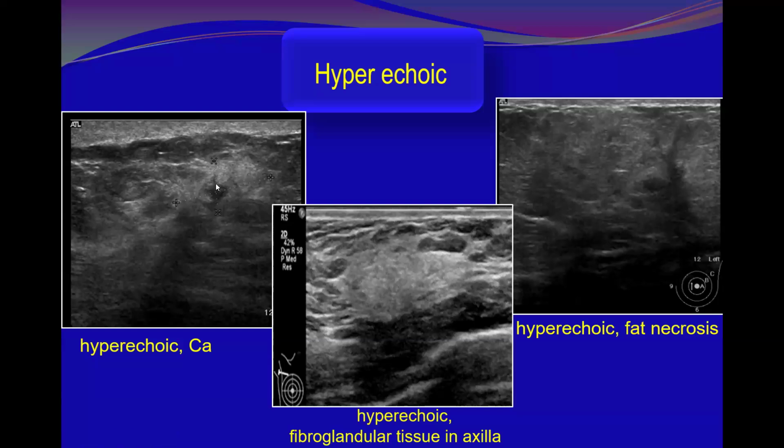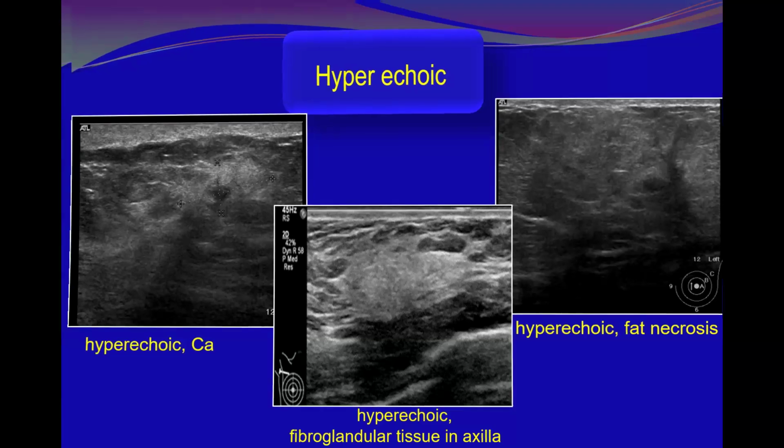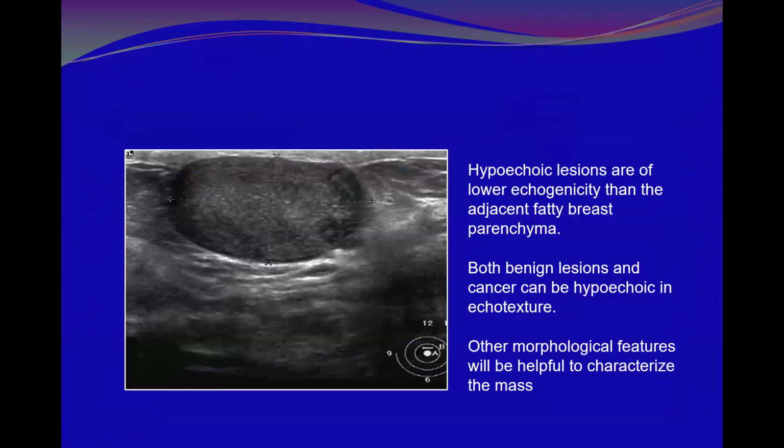Usually when you find a hyperechoic cancer, look for even tiny hypoechoic needles. Probably you might see them within the hyperechogenicity. So this is slightly less than the adjacent fat. This is hypoechoic. Can you see it here?